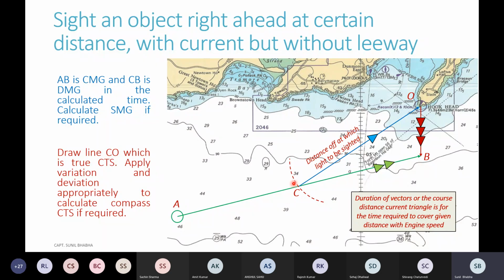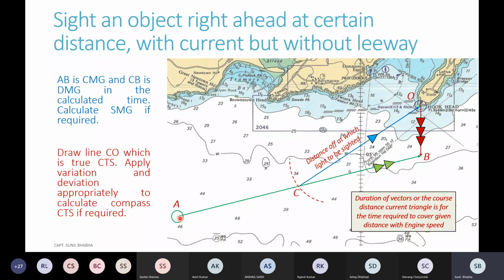And when the ship is at point C, the heading will be in the direction of CTS, course steered, and it is pointing right into the lighthouse. So Hook Head Light is going to be right ahead when the ship is at the Charlie point.